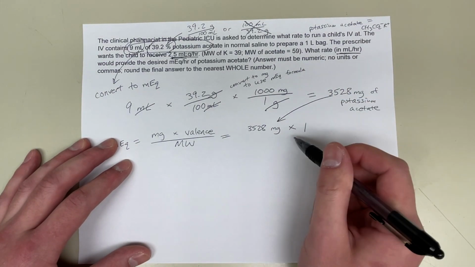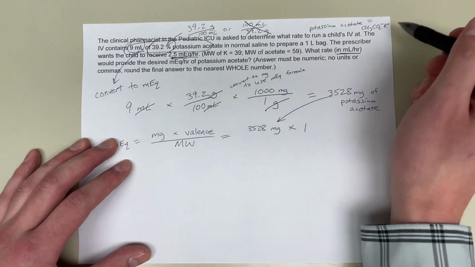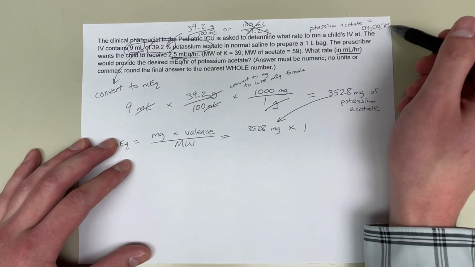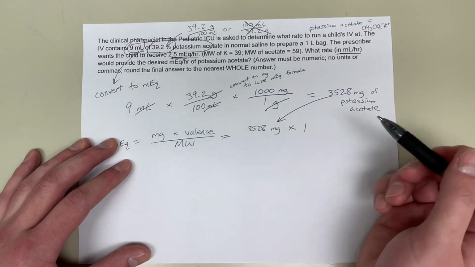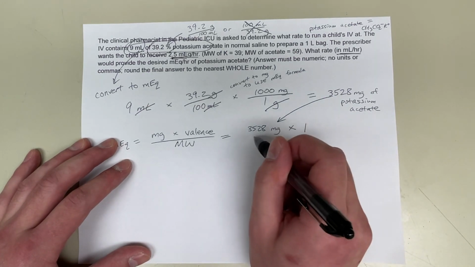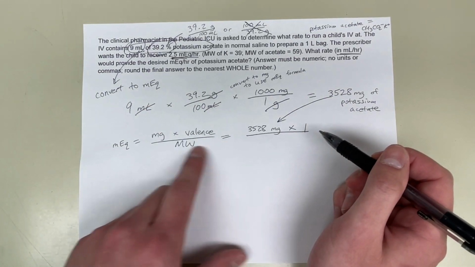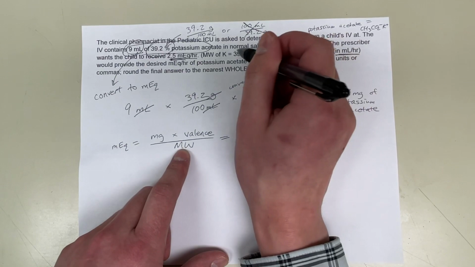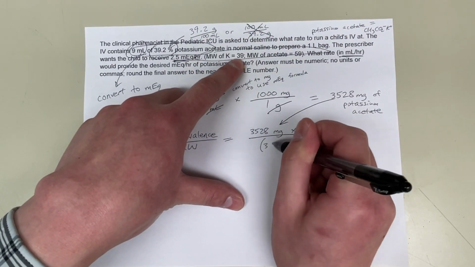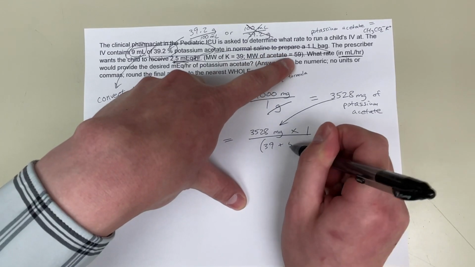If you can't memorize what potassium acetate is, just memorize that most people know potassium is just 1 plus. So obviously the other one has to be minus 1 if potassium is plus 1. So I'm going to divide this by the molecular weight of potassium acetate, which is given here: 39 plus 59.